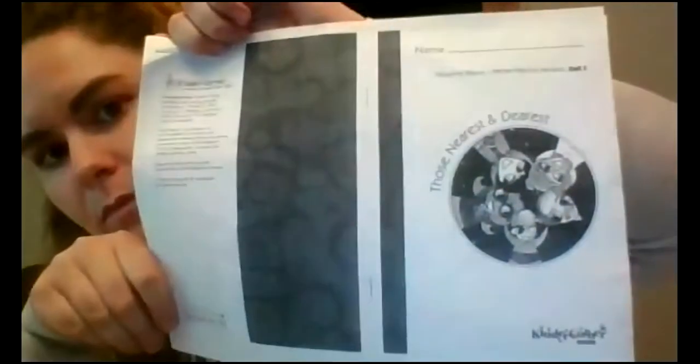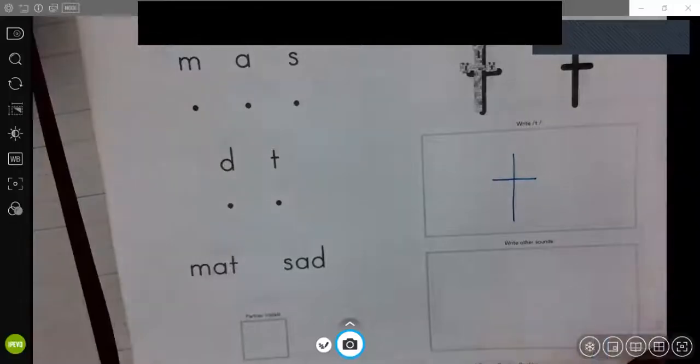So next, after we did our rhyme time, we did our packet. So we have a packet that looks like this. And then I turned it to the first page, letter T. So if you could turn it to the first page of the letter T, we can do it together.